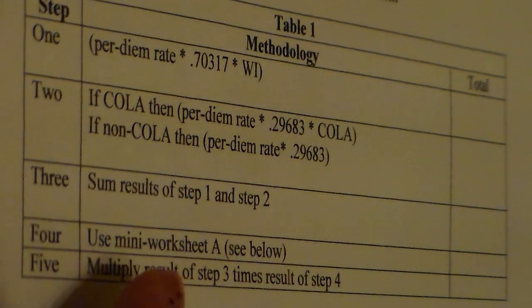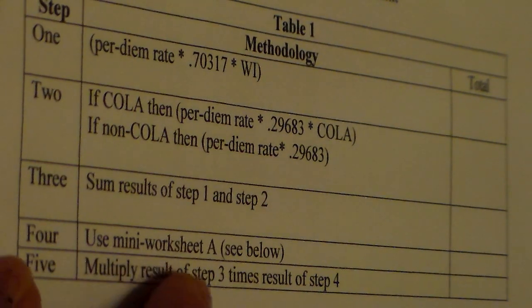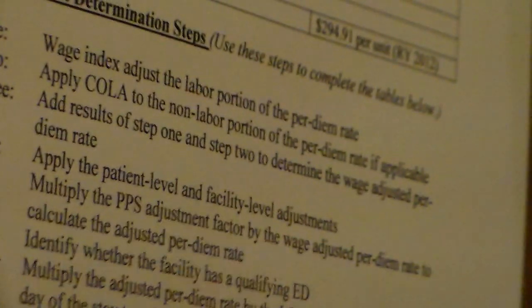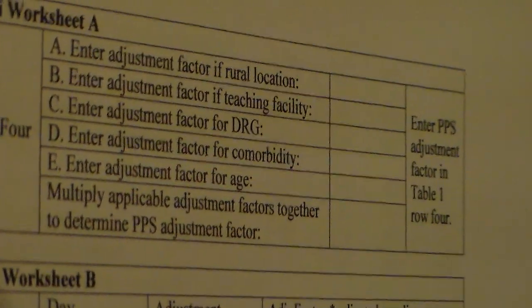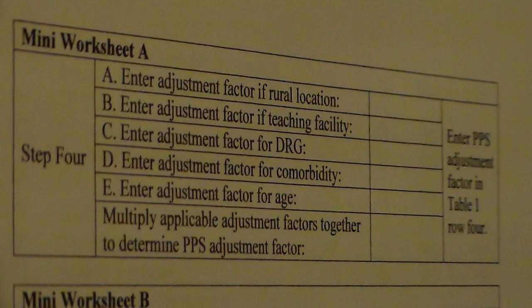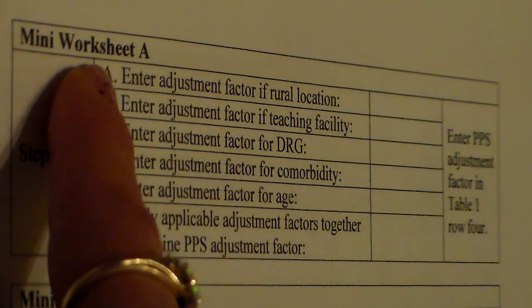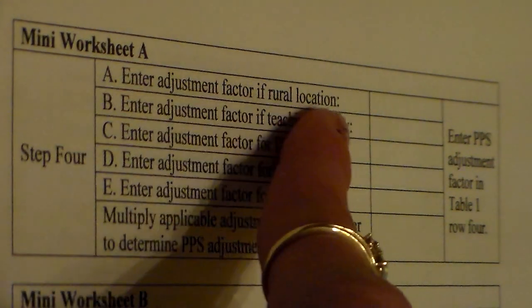Step number 4, we're going to be using a mini worksheet to come up with our total amount. So our first mini worksheet, A, is asking us to calculate adjustment factors. So for this particular first one, A, enter the adjustment factor if it's a rural location.